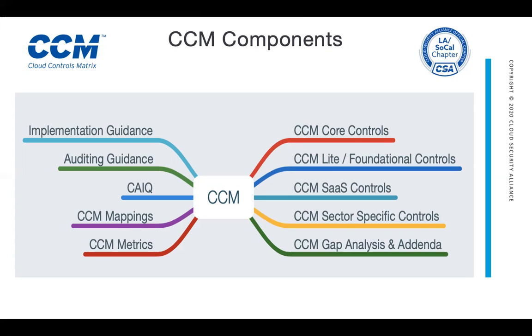These are all activities that are ongoing. Also the CCM Lite on the right-hand side of the slide has also kicked off just recently, while the remaining ones are planned to start later this year.